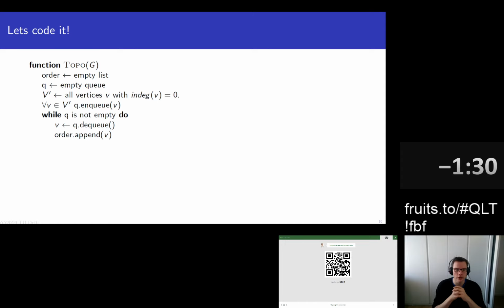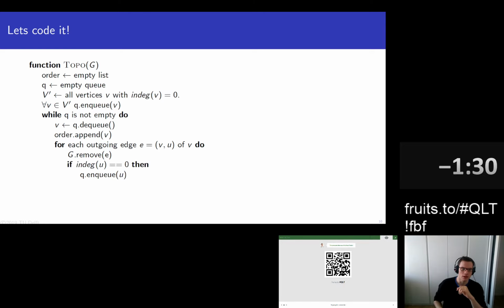Now, so long as there's something in the queue, take the first vertex from the queue, put it in our topological ordering, and remove all of its outgoing edges. If after removing such an edge, the vertex that this edge was going to has no incoming edges left, if its in-degree is 0, then we can now add this vertex to the back of our queue.